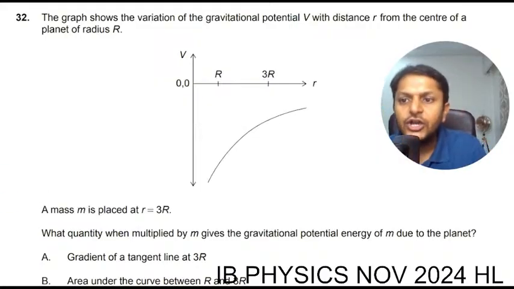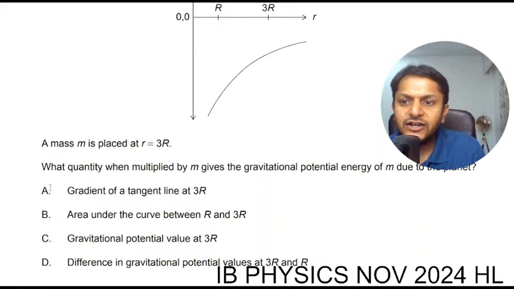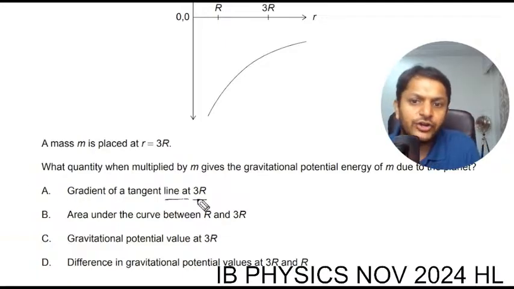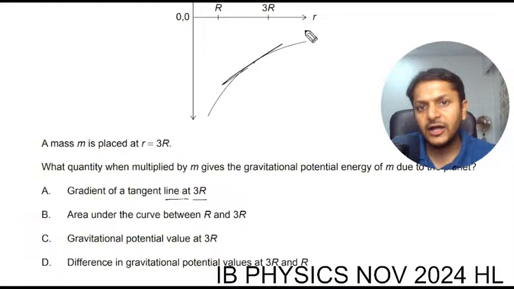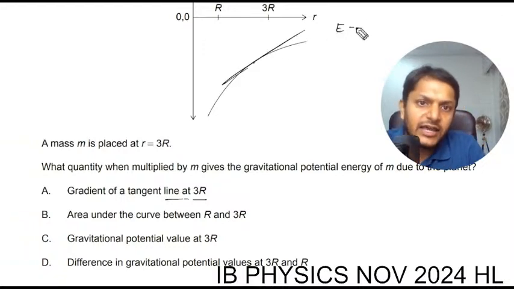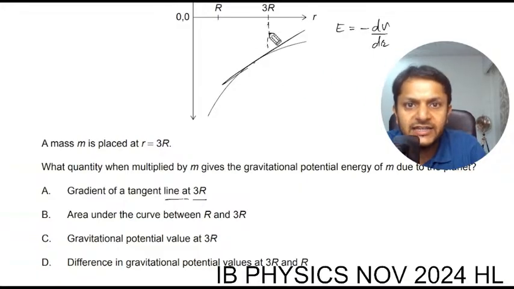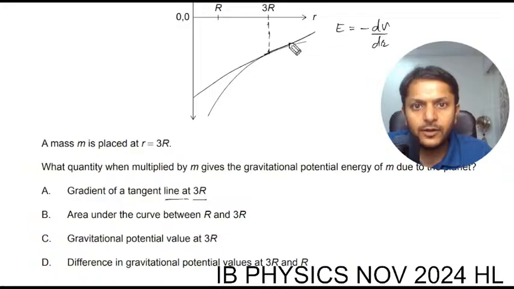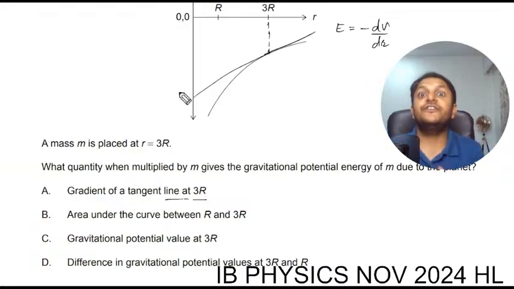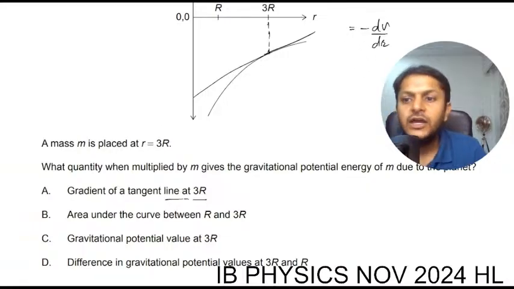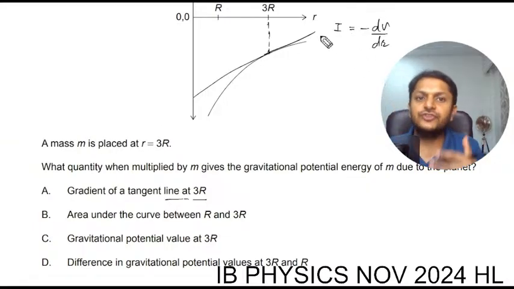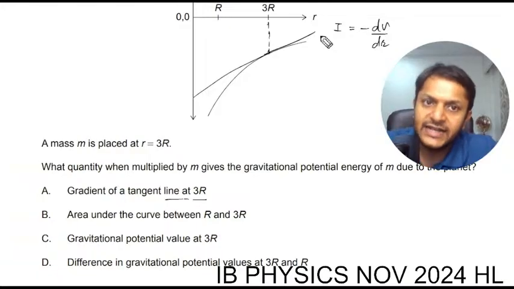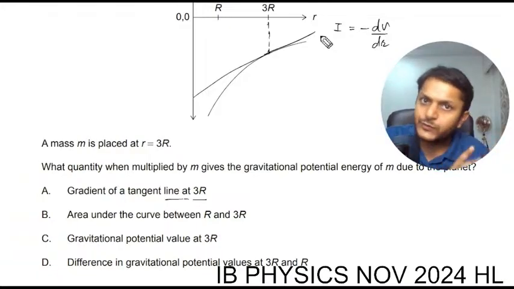But let's go for the options now. So option A is the gradient of the tangent at line r. Now gradient has no meaning here. If you're finding the gradient, E is given by negative dV by dr. So if you find the gradient at this 3r point, you would be finding the electric field, sorry, not the electric field, I'm really sorry, gravitational field strength or gravitational field intensity, although they are corresponding things in the two topics.